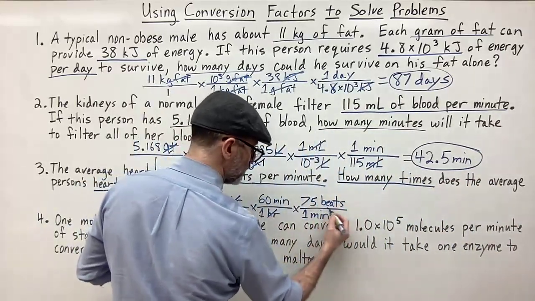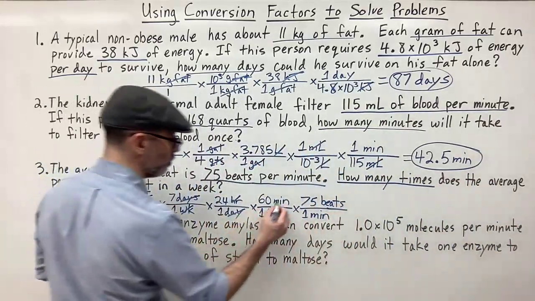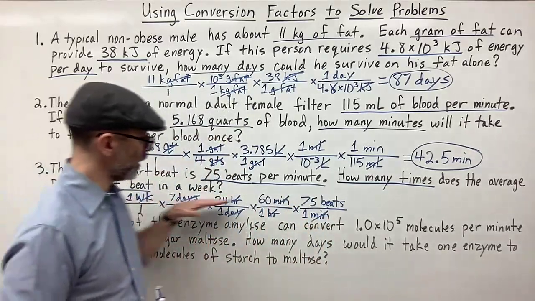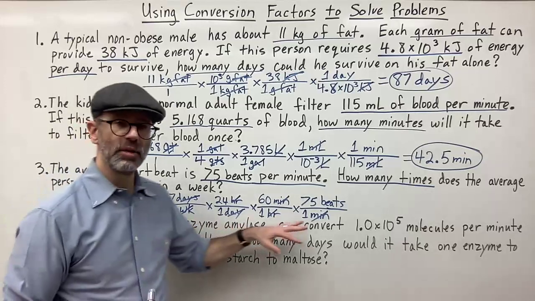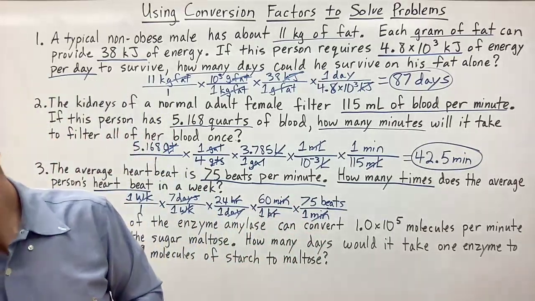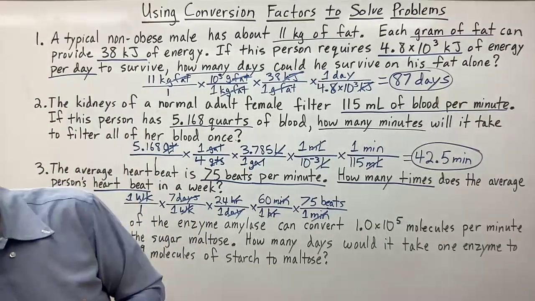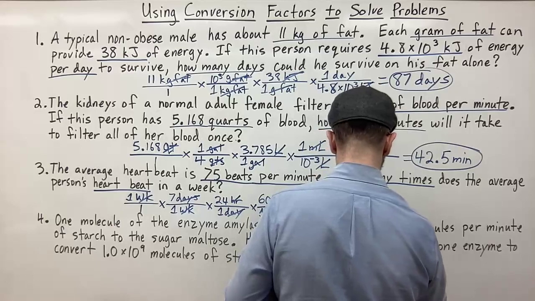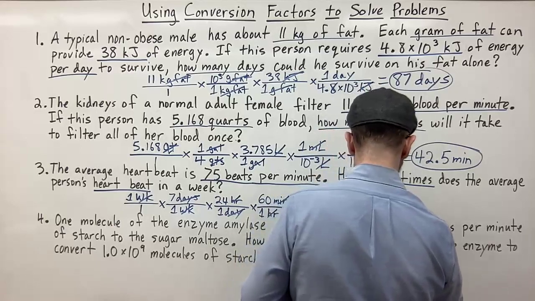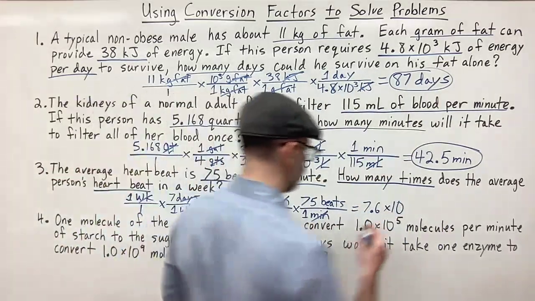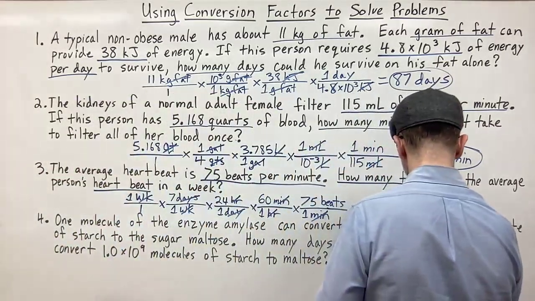So we got heartbeats on top. We are done. Oh, we forgot to cancel out minutes. So now all I need to do is multiply across the top, divide by the bottom, and I get my answer. And when I do that, I get 7.6 times 10 to the fifth power beats.